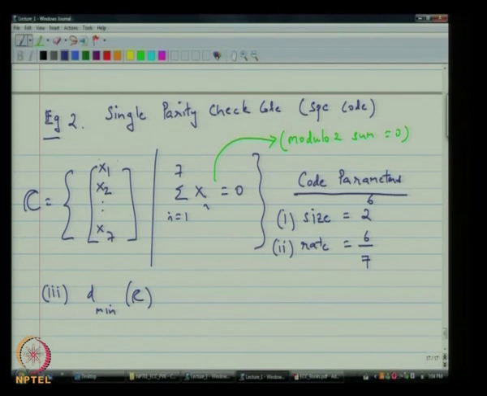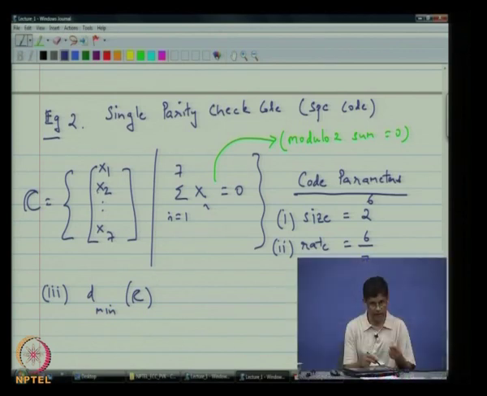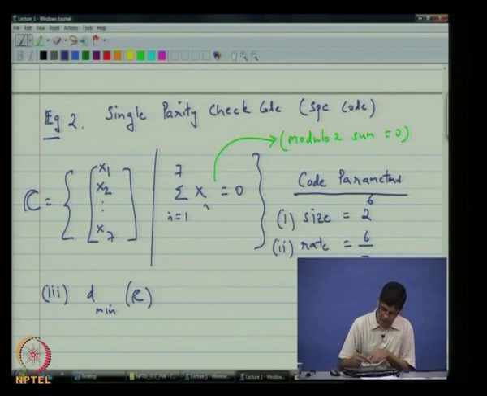And it is not actually hard to see that if you flip one symbol, then the parity condition will be violated, and therefore no two code words can have a Hamming distance of 1. They cannot differ in just one symbol, but you can certainly flip two symbols and satisfy the even parity constraint. Thus, the minimum distance of the code is actually equal to 2 in this case.